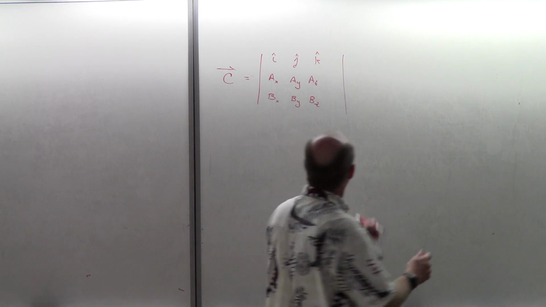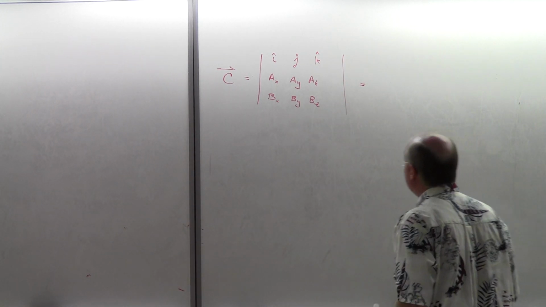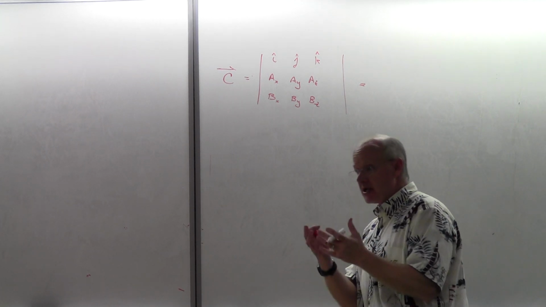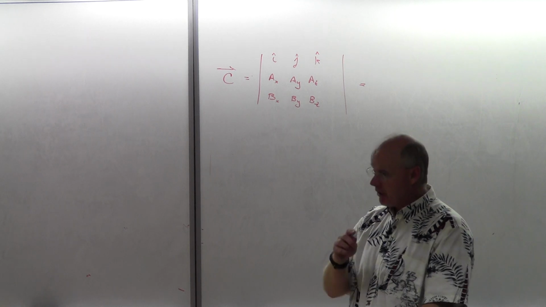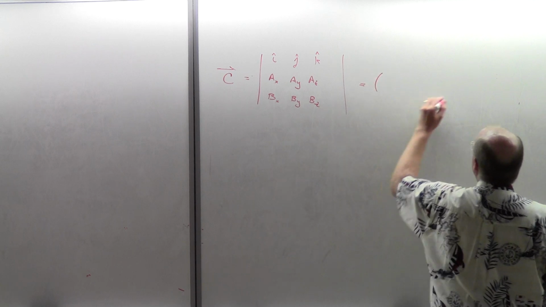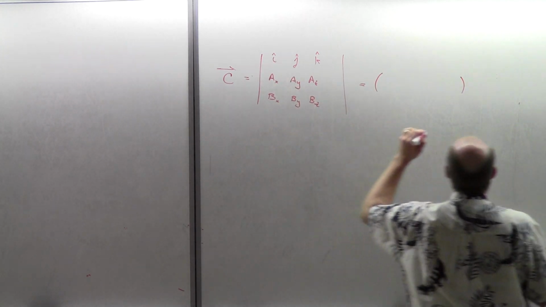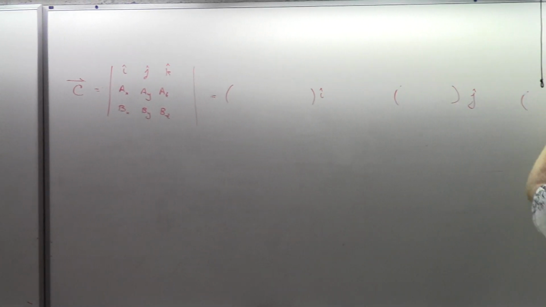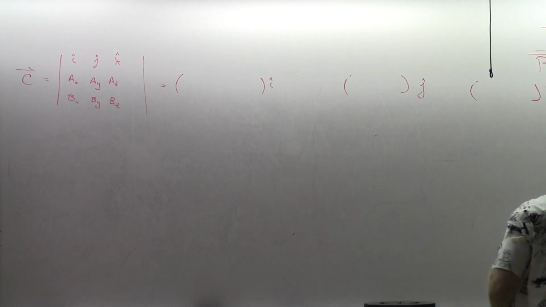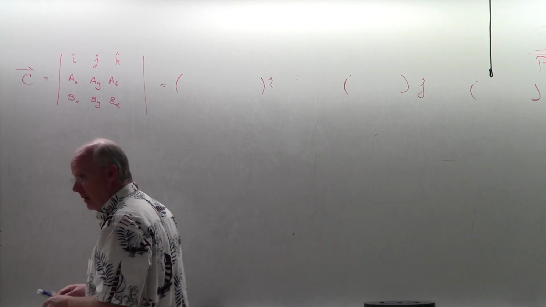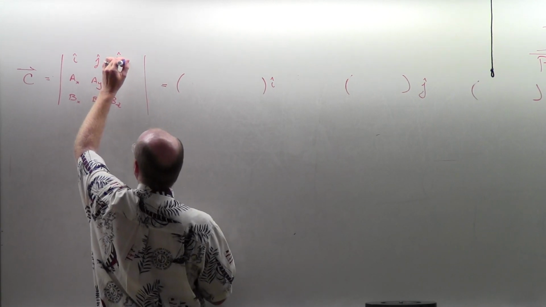And so how do you do a determinant? Yeah, you expand it around 1 row or 1 column. And in this case, it would make sense to expand it around the top row, since those would be your components. So I would expand it around this first one, which is the i hat, which would then lead to the second one, which is the j hat, which would then lead to the third one, which is the k hat. And maybe I'll change colors, but if you remember determinants, or if you don't, let me show you.